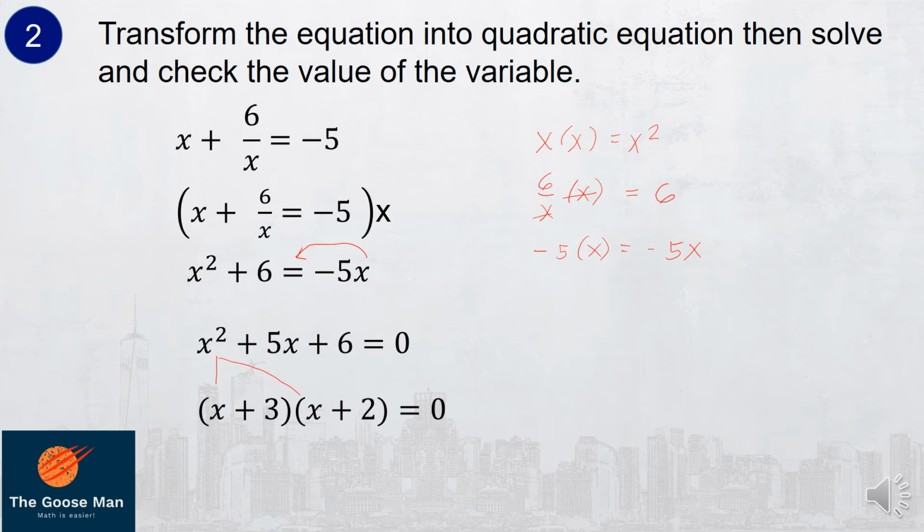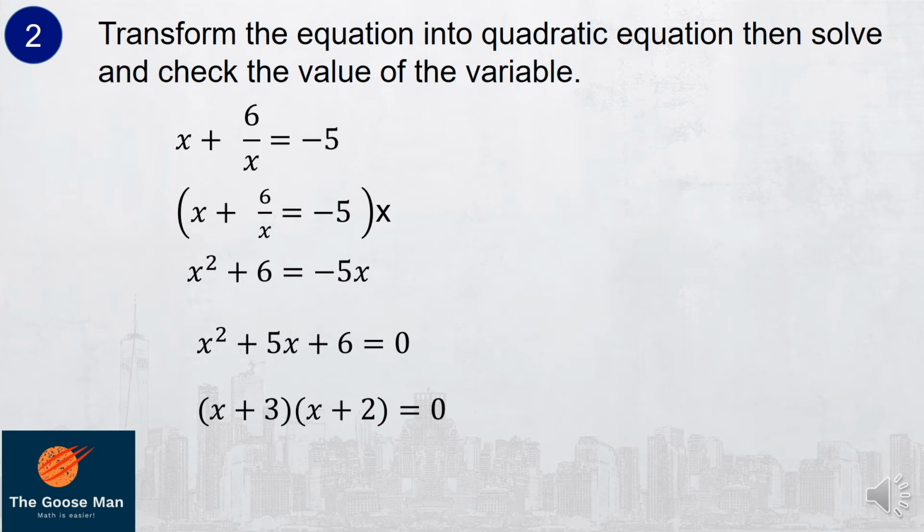And take note that the factors of 6 are 3 and 2, and if I add 3 and 2, this will become 5. So therefore, the factors of x squared plus 5x plus 6 is equal to 0 are (x + 3)(x + 2) = 0.